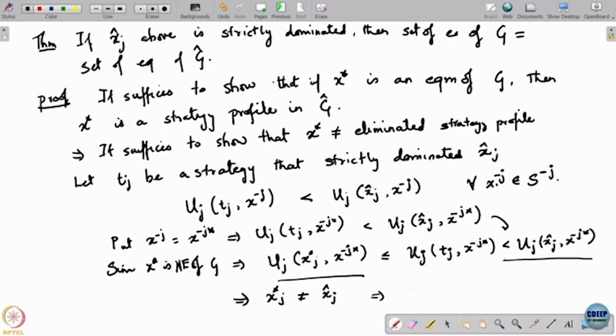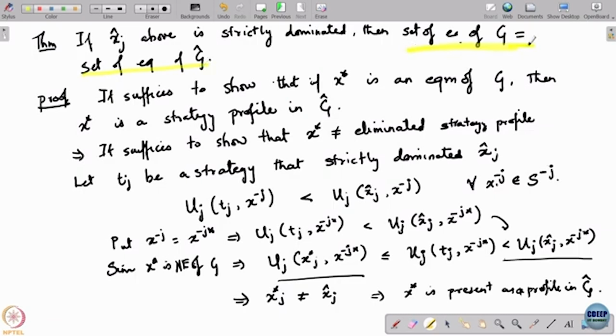Which means what? Which means actually x star is present as a profile in G hat, because x star j is not x hat j, it is not the eliminated one. So, it is definitely present in the game that you get after elimination, right. So, consequently we have that the set of equilibria of G is equal to the set of equilibria of G hat.